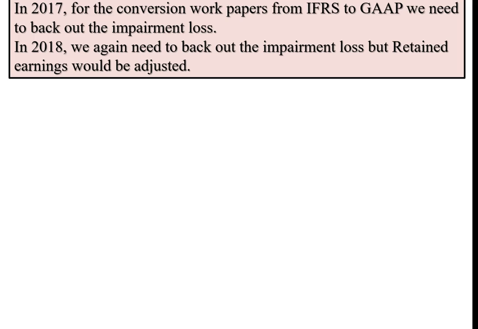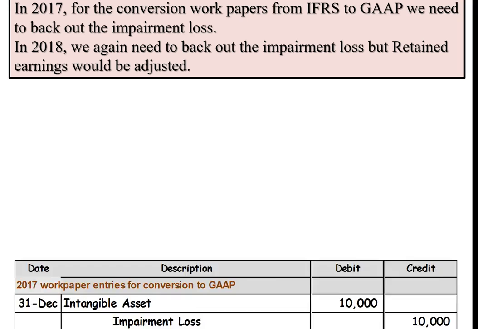So now we can go to the conversion worksheet. The conversion worksheet for 2017, we need to back out the impairment loss because we're going from the international standard to GAAP. And in 2018, we again need to back out that impairment loss, but this time it's going to go against retained earnings.